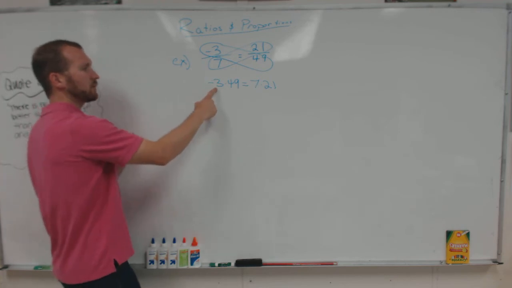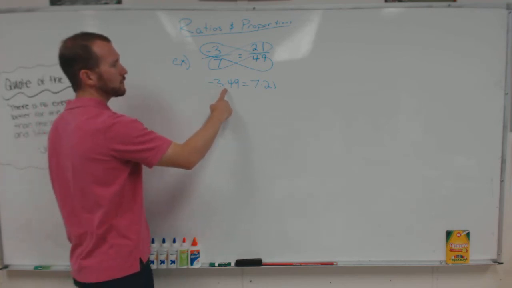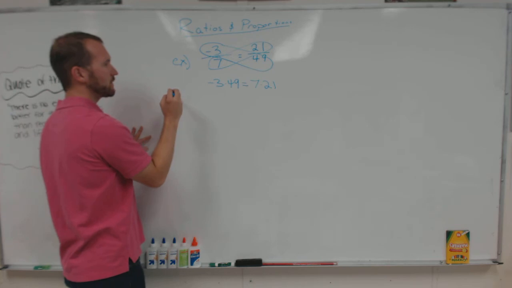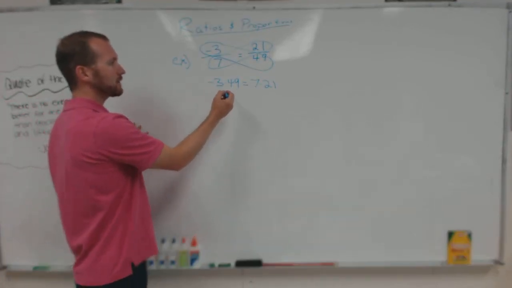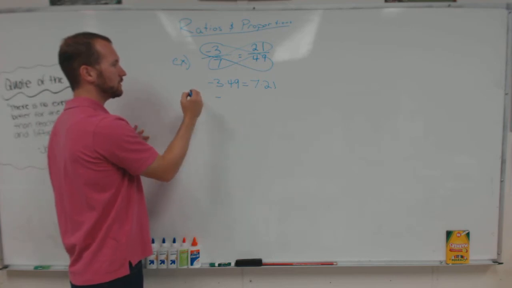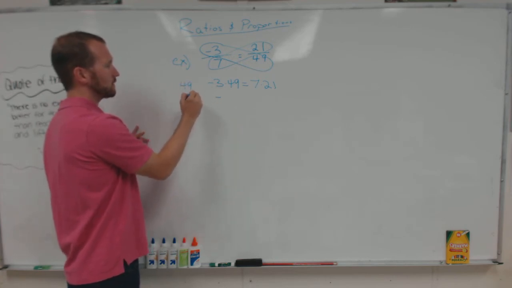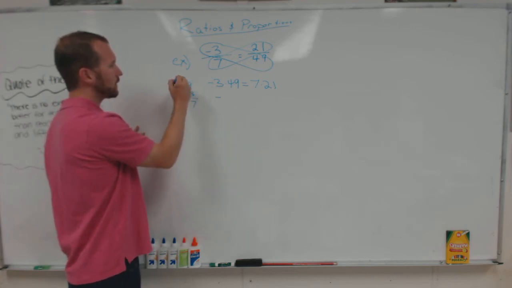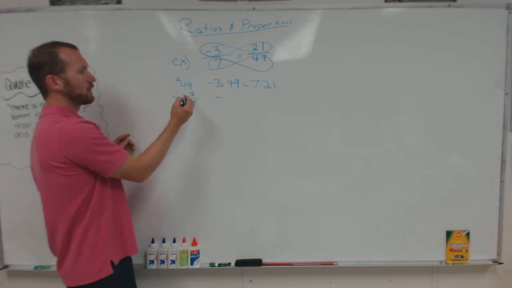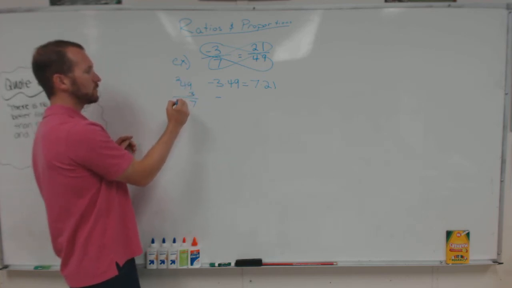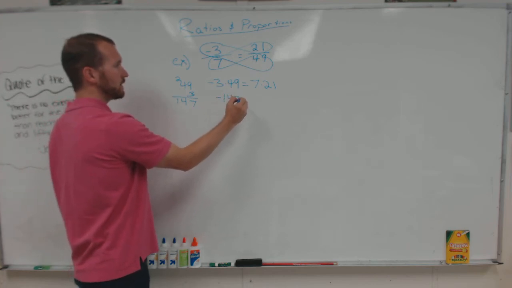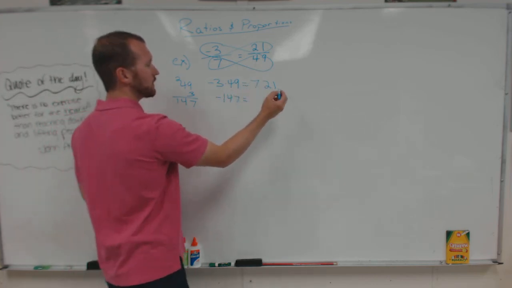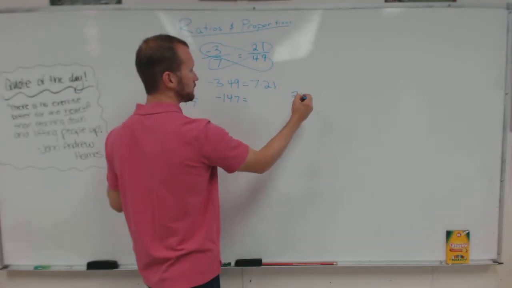Okay. -3 times 49. Is my answer going to be positive or negative? Negative. Negative times a positive is going to be negative. 49 times 3, I'm going to do that over here. 3 times 9 is 27. 3 times 4 is 12, plus 2 is 14. Negative 147 equals 7 times 21.